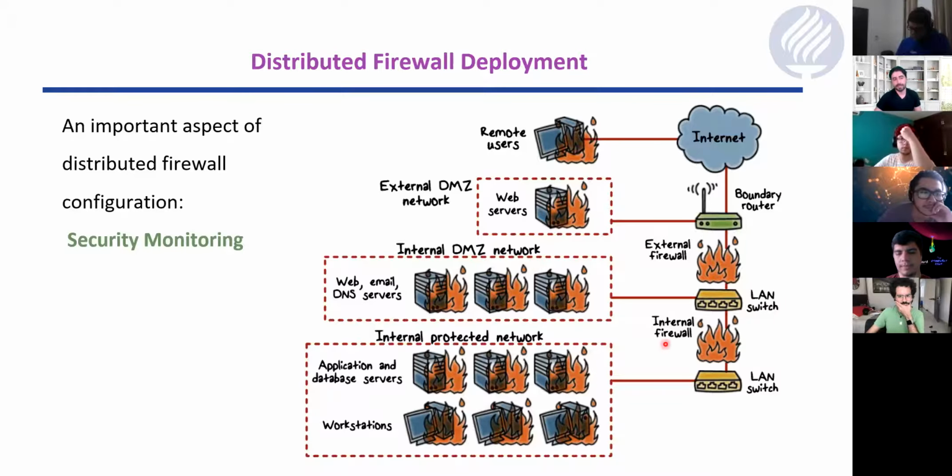Then I have to pass through the internal firewalls in order to have access to the internal protected network, and reach all those servers, again protected with host-based firewalls, and all the workstations are provided with a personal firewall. So it's like a firewall everywhere.